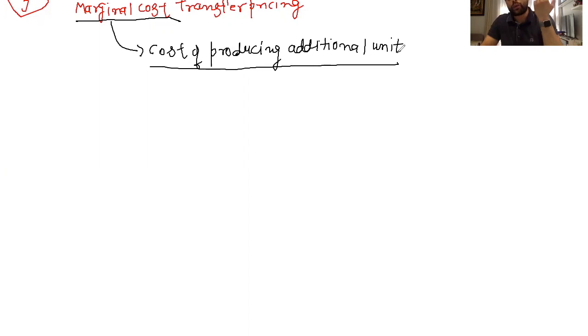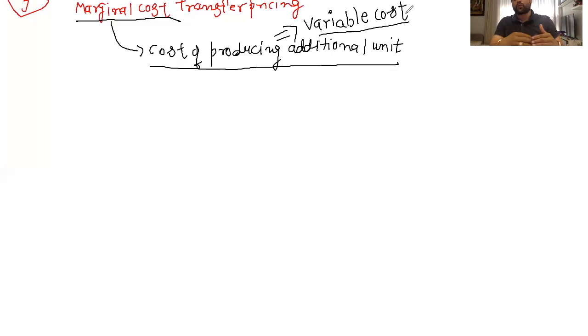In accounting language, another name of cost of producing additional units is called a variable cost. Because variable cost means if you are going to produce additional products, your cost will increase. So in other words, marginal costing means a variable cost. All right. Okay.